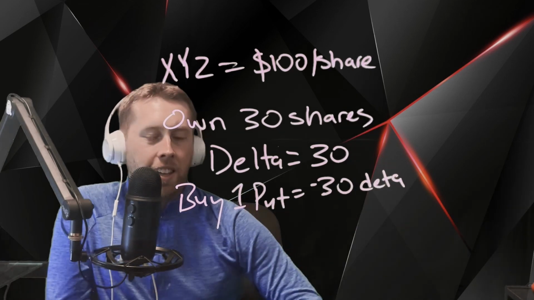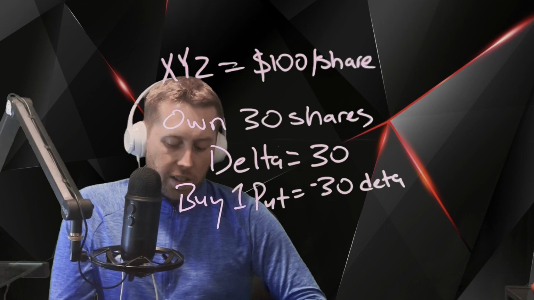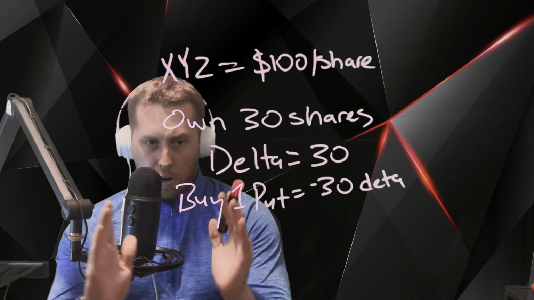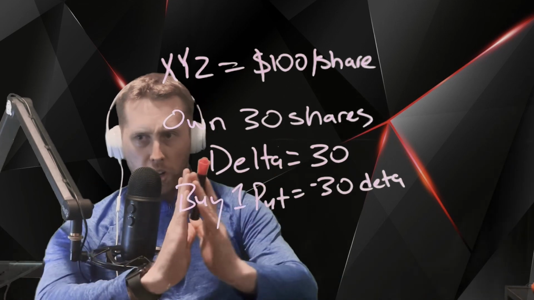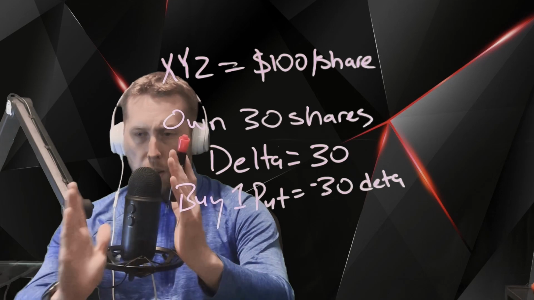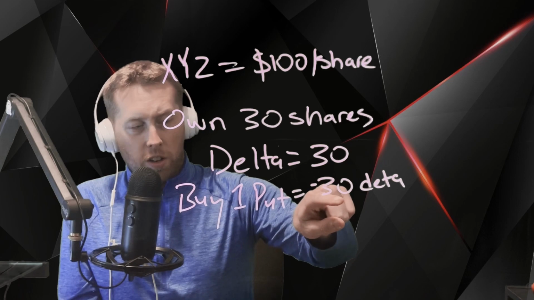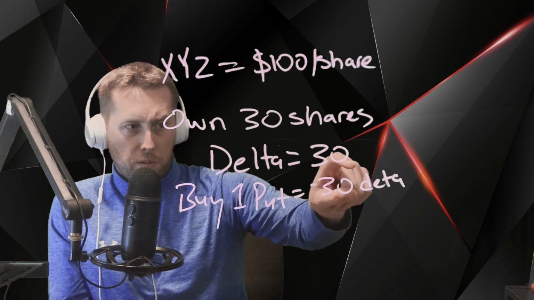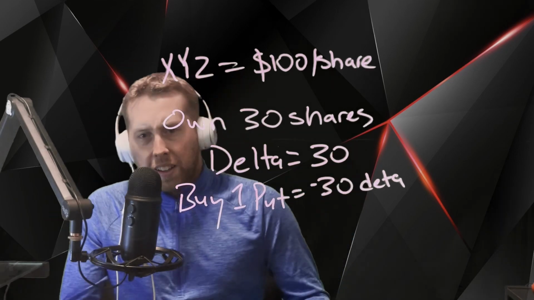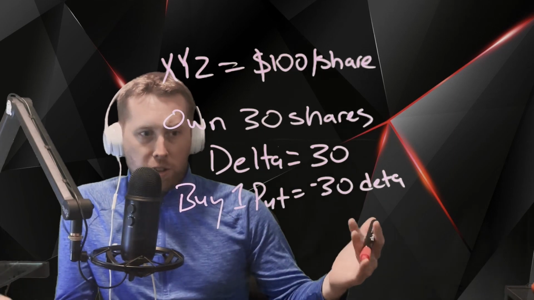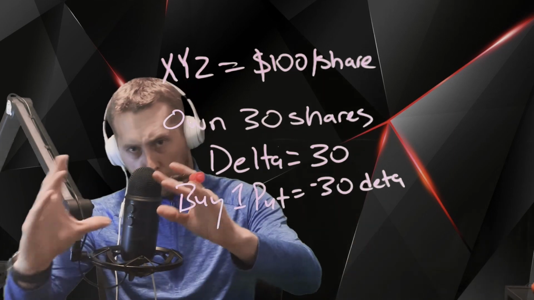That means that if the stock starts working against us in the short term with those fluctuations, we're not going to see a negative drop in our position because we're basically short 30 shares at the same time as owning the 30 shares. So it would be like a net of 0 shares in the immediate term of price movements.